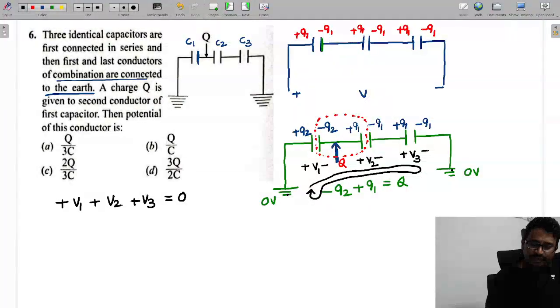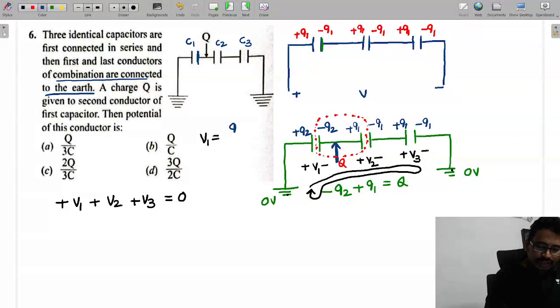Now what is V1? The potential is V equal to Q by C. V1 is equal to Q by C, where Q is the charge on this one, which is Q2.